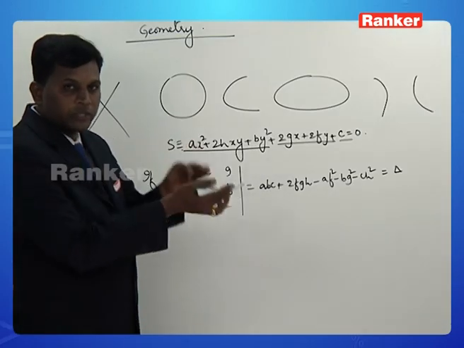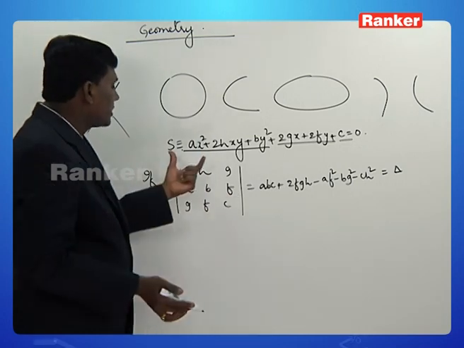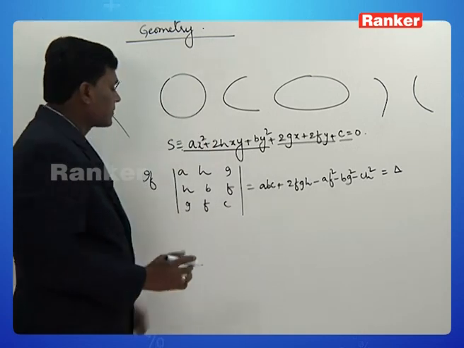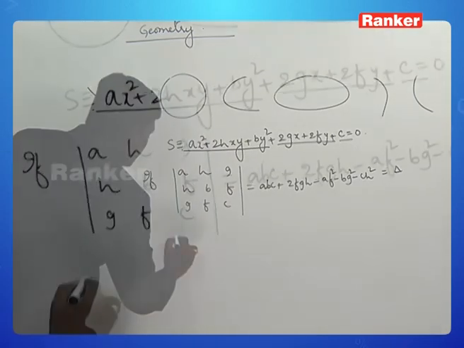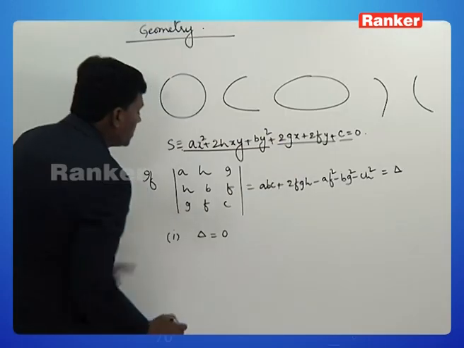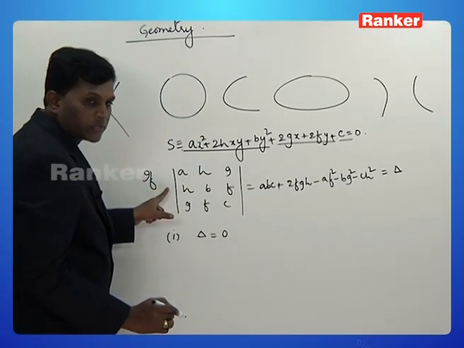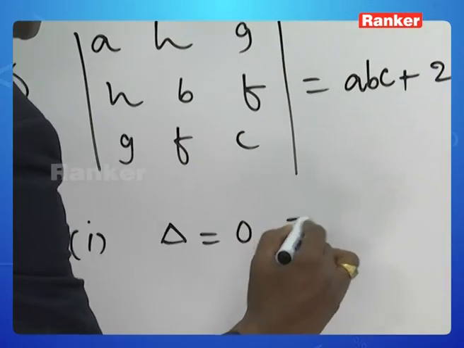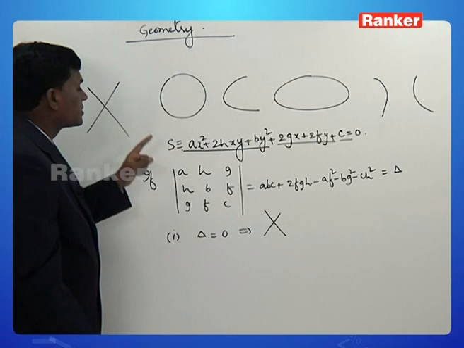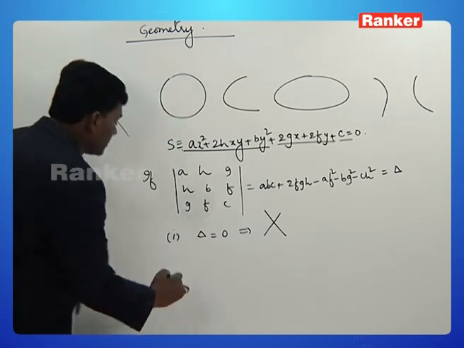Before entering into the in-depth analysis chapter by chapter, I will give you a brief idea of the cases of all these five curves. Case 1, delta equals 0, this determinant equals 0, then it is representing a pair of straight lines. The given curve is representing a pair of straight lines.